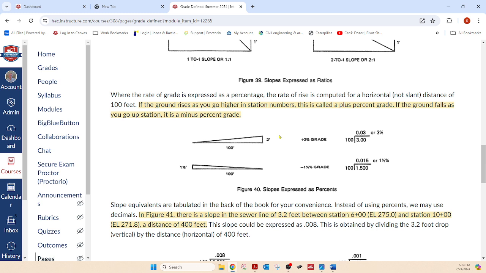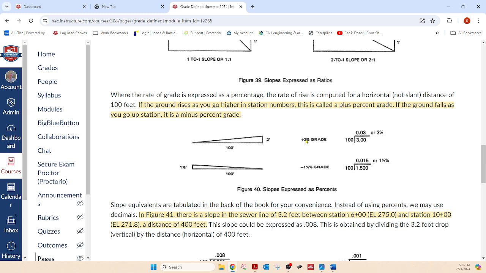Let's see what that does. I have to get my calculator. I'm sure it's going to say 0.03, but here we go. 3 feet divided by 100 equals 0.03.